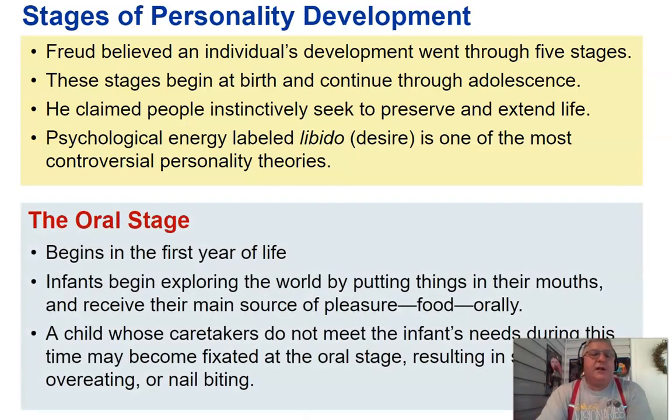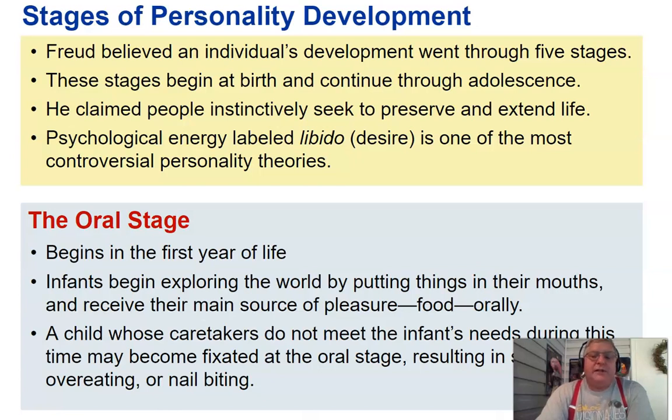Now, the first of his personality stages is the oral stage. It begins in that first year of life, and it begins with the idea that infants begin exploring the world by putting things in their mouth, and they receive their main source of pleasure, food, orally, all through their mouth, and they taste the world, and that's an early stage of their development.